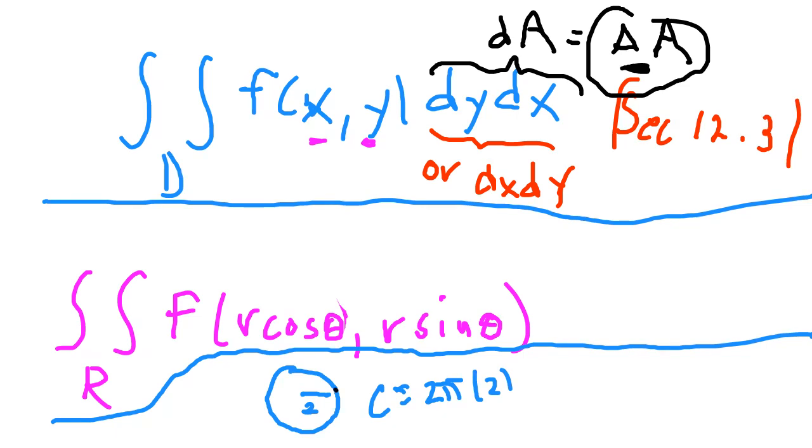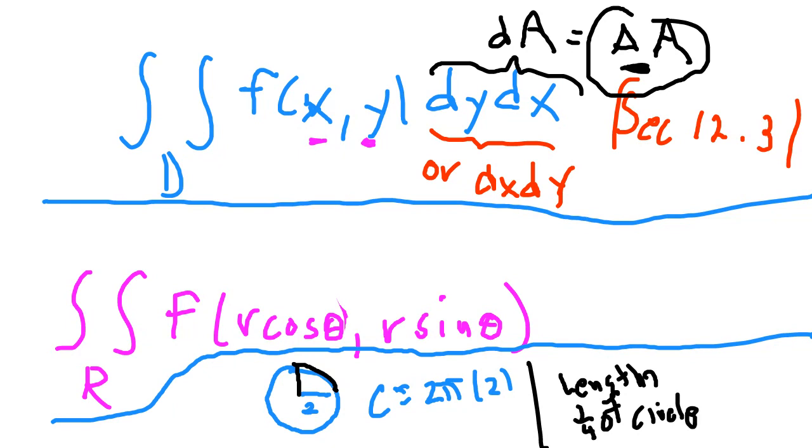But if you wanted just a quarter of the circle, that length for 1/4 of the circle is going to equal, well, this is 4 pi.